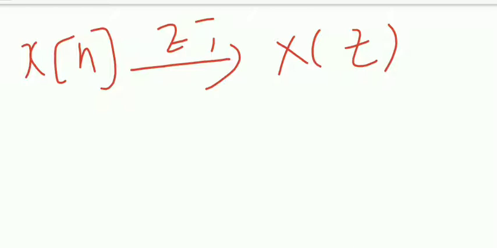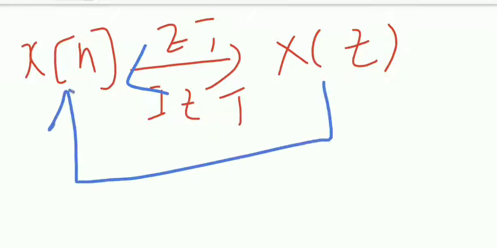If you apply inverse Z transform to X of z, what we get is x of n. So it is bidirectional. You can go from left hand side to right hand side or right hand side to left hand side. Apply Z transform to x of n, you get X of z. Apply inverse Z transform to X of z, you get x of n.